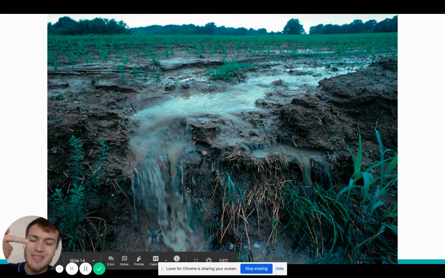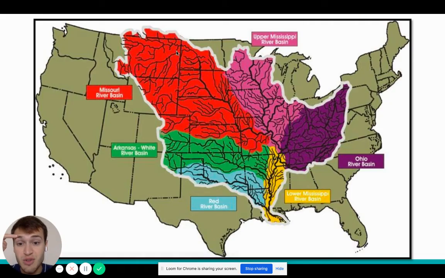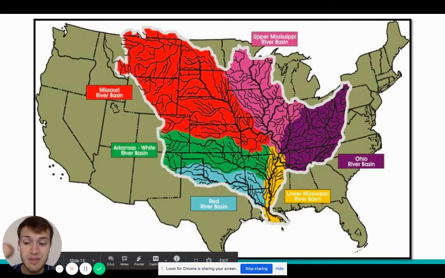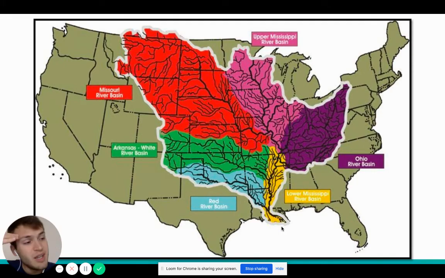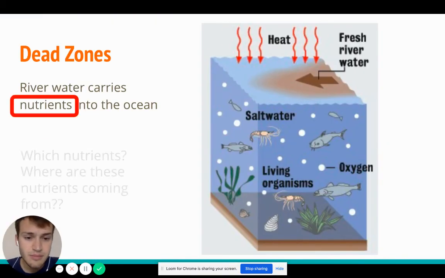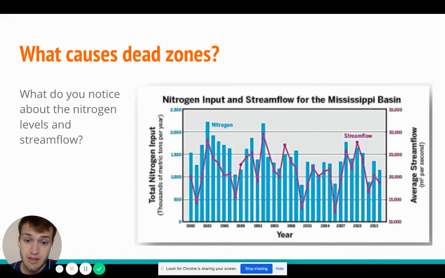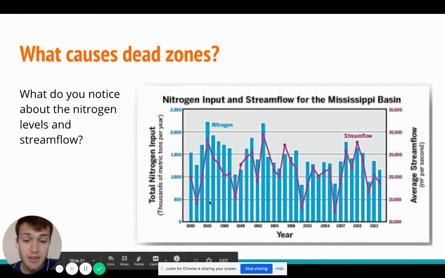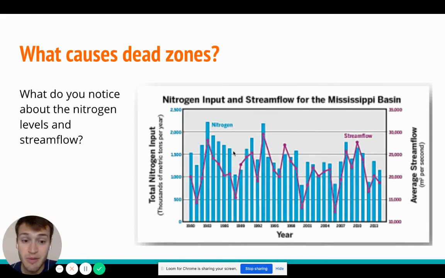So the more water there is, it also makes sense that the more nitrogen there is arriving to the Mississippi River. More rain means more runoff, and both of those things mean more water. So the higher the stream flow, probably the more nitrogen we're going to get in the Mississippi River.